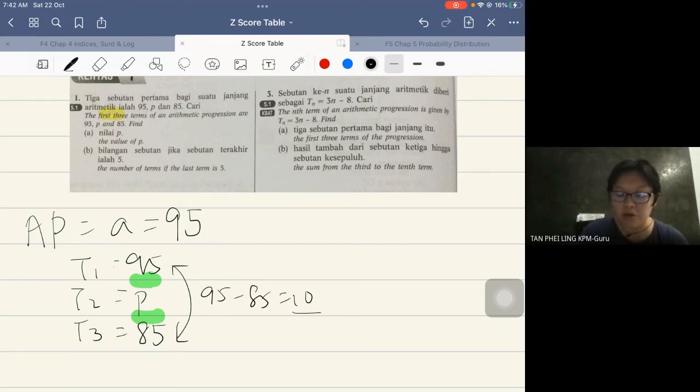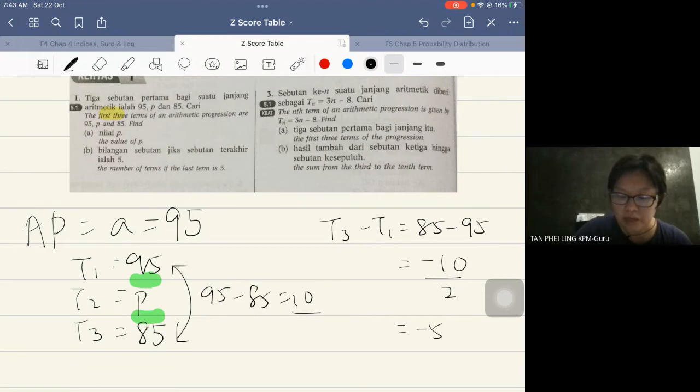Or you can do T3 minus T1, meaning you take 85 minus 95, which gives you negative 10. Then you know there should be 2 times of addition here, so you divide it by 2 and get negative 5.